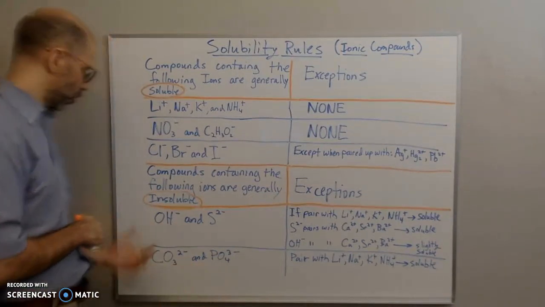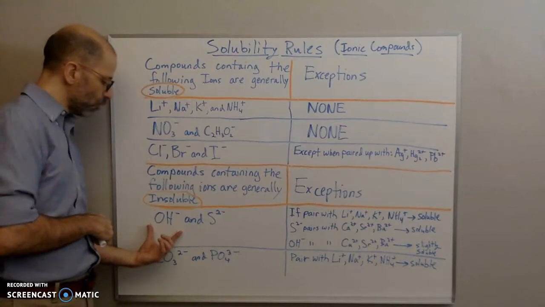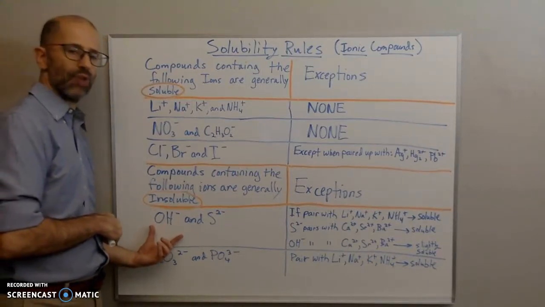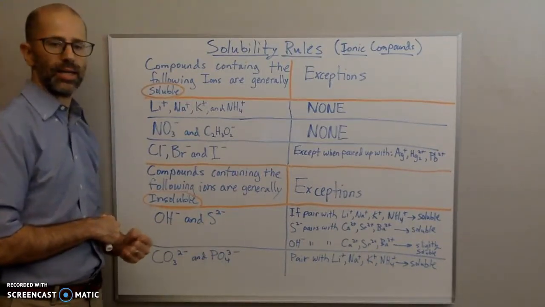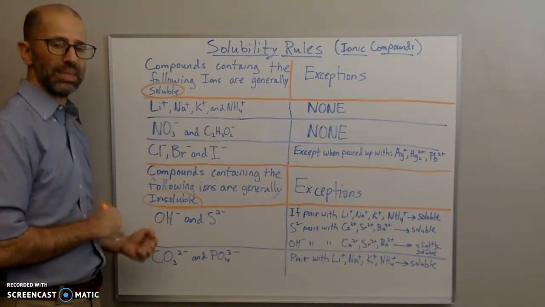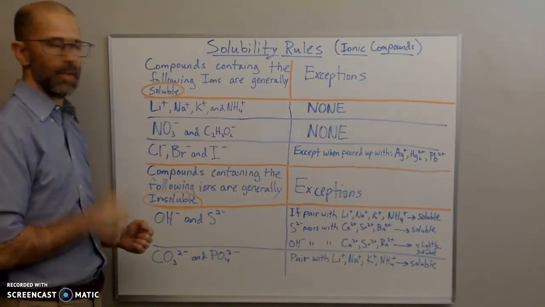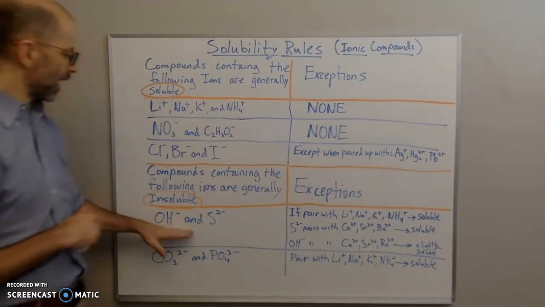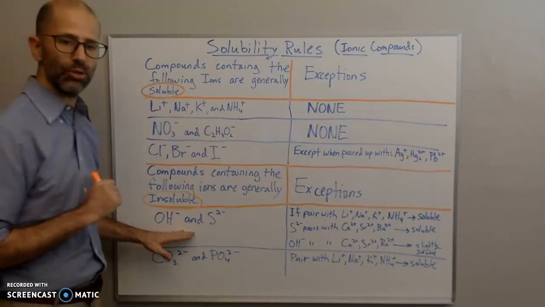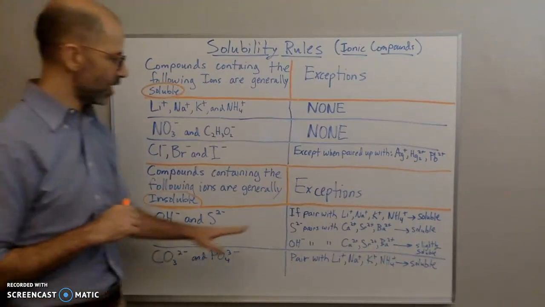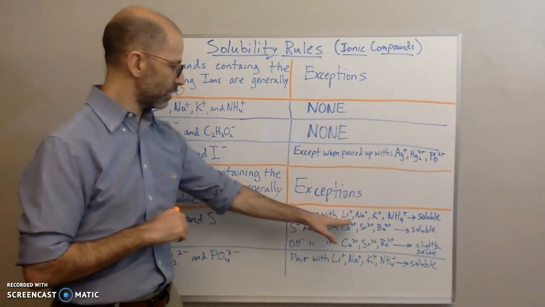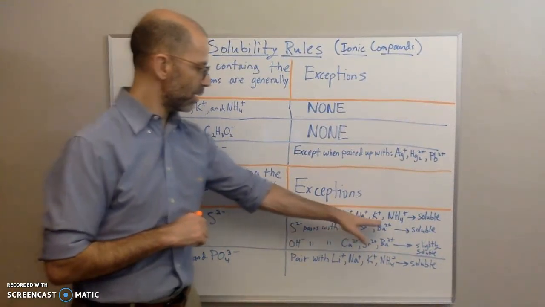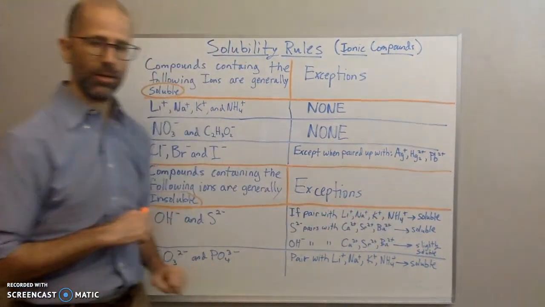So for example, if you have a compound that has hydroxide ion in it or a sulfide ion in it, generally those are going to be insoluble in water. And there are exceptions. And it's funny that you notice the exceptions, because what do you notice about the exceptions to these, right? Lithium, sodium, potassium, and ammonium.